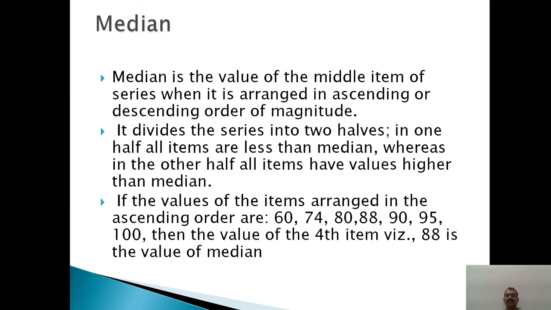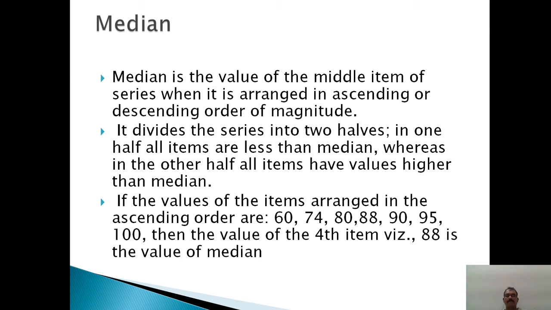Median is the value of the middle item of a series when it is arranged in either ascending or descending order of magnitude. Median divides the series into two halves. In one half, all items are less than the median, whereas in the other half, all items have values higher than the median.